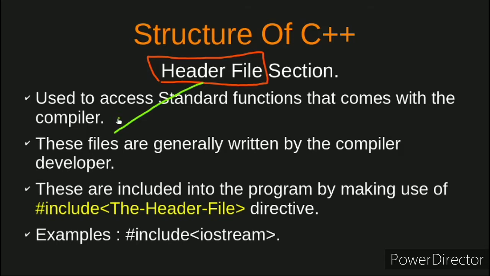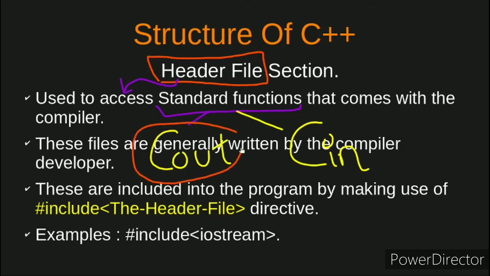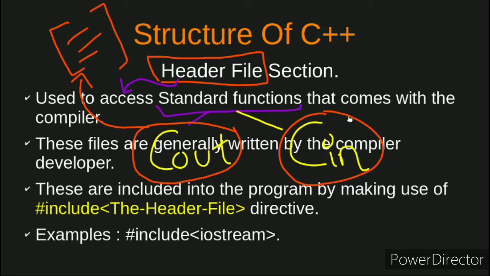These are basically files that come along with our compiler, written by our compiler developers, and they are generally used to access the standard functions like the cout and the cin function, where cout is generally used in order to display messages on our screen, and cin is used in order to accept inputs from the keyboard.